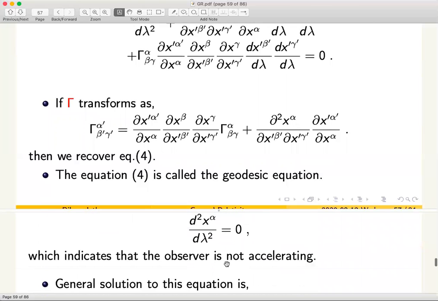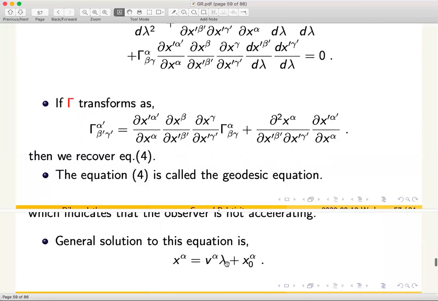Similarly, if we had tried to do a transformation x prime alpha prime is equal to some quantity times x alpha plus some other x naught alpha, which is a linear transformation, like a Lorentz transformation or Poincare transformation, then this inhomogeneous piece is not there.